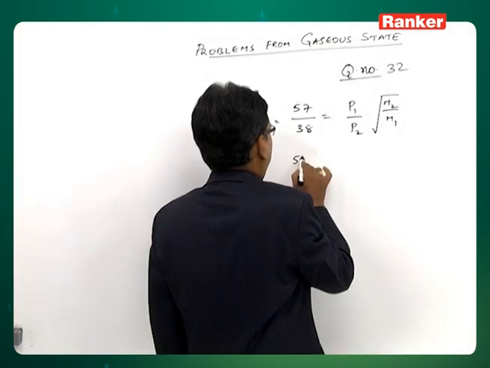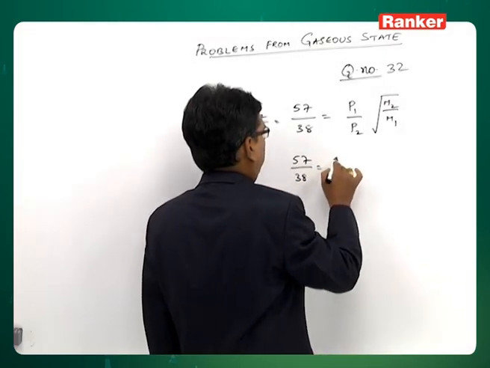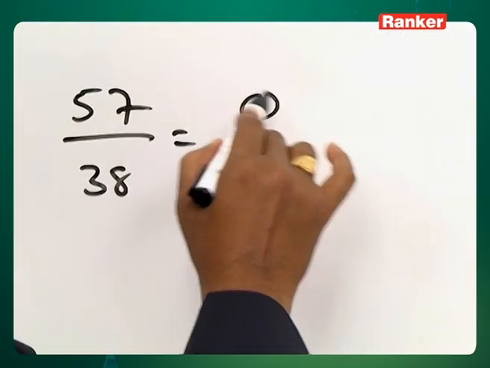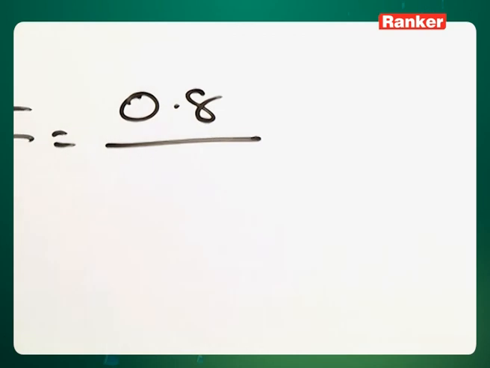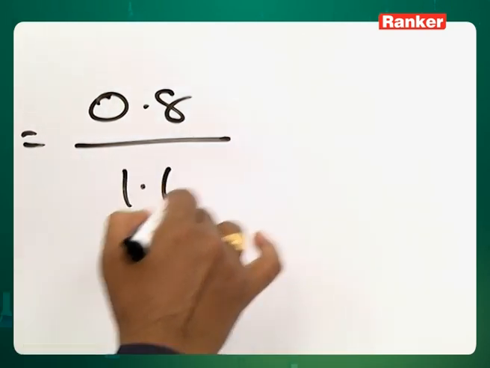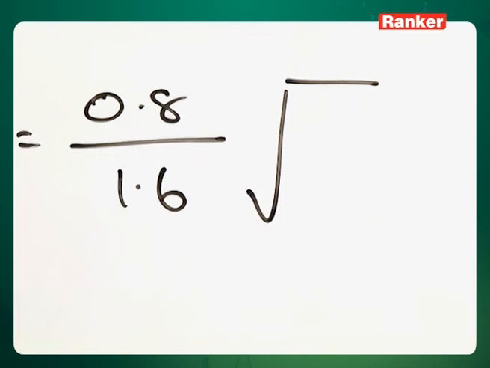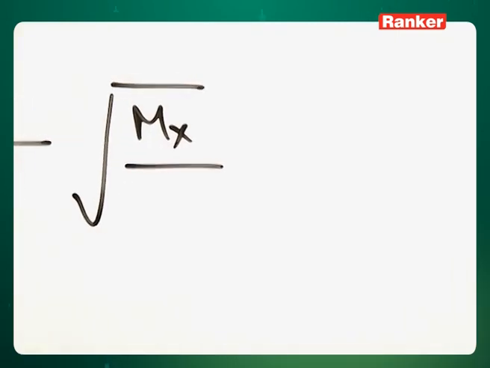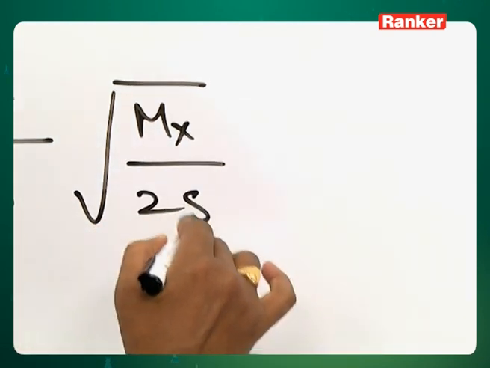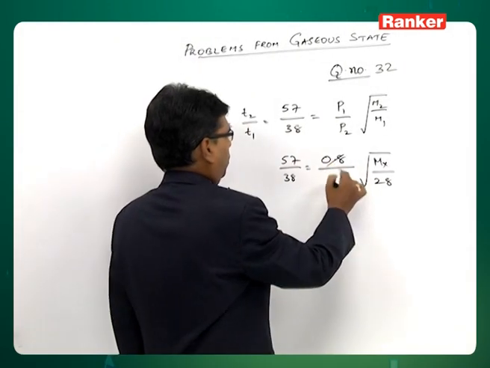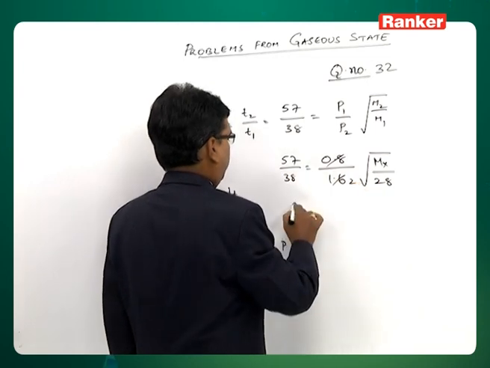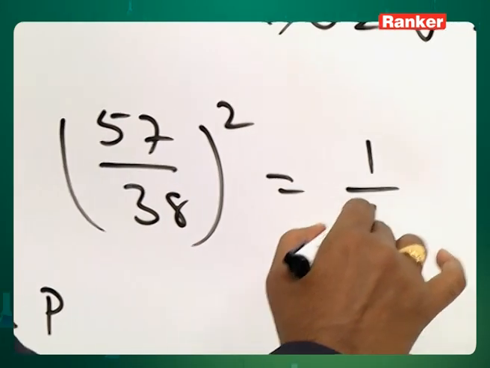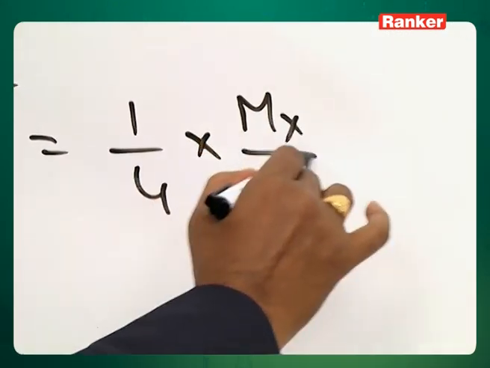So, 57 by 38 is equal to the pressure at which the first gas, nitrogen, diffused, 0.8, by the pressure at which the second gas diffused, 1.6, into root over the molecular weight of gas X, which we have to find out, divided by the molecular weight of nitrogen, 28. So, if you do this, it is 2, 1 by 2. So, (57 by 38) square is equal to 1 by 4 into Mx by 28.